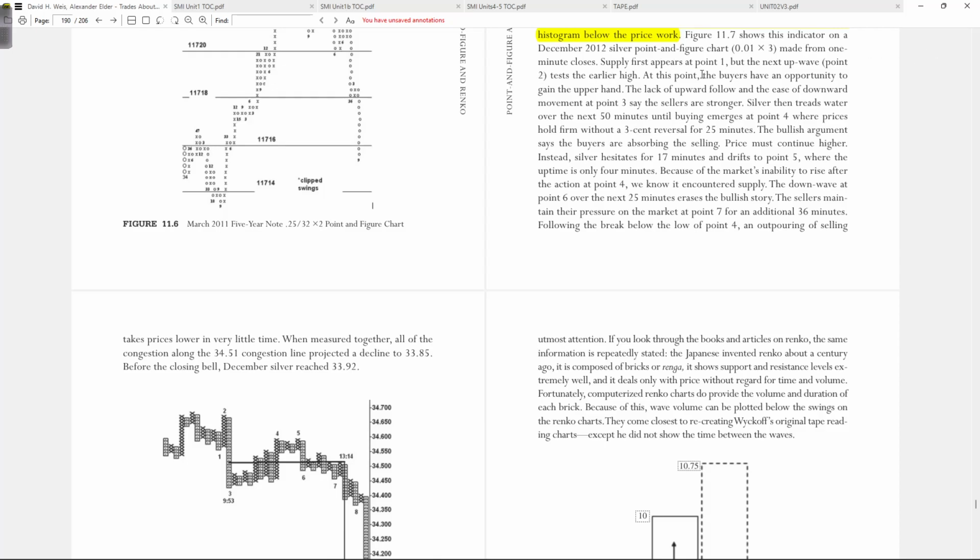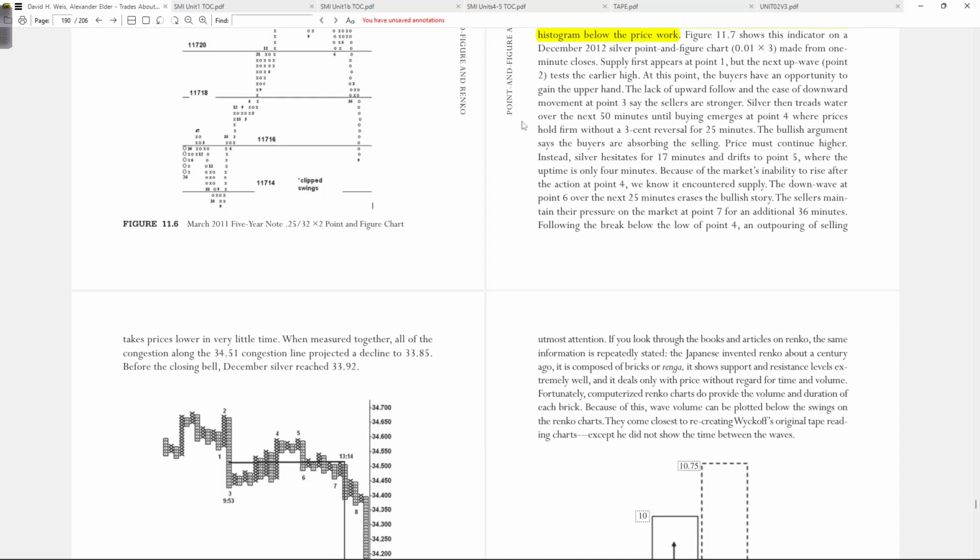Supply first appears at point 1, but the next up wave, point 2, tests the earlier high. At this point, the buyers have an opportunity to gain the upper hand. The lack of upward follow-through and the ease of downward movement at point 3 says the sellers are stronger.